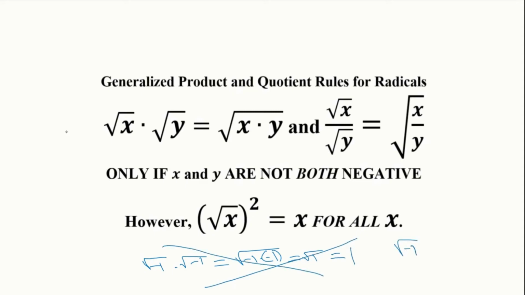The square root of -1 times the square root of -1 is the square root of -1 squared, which is -1. So to preserve this fact, we had to modify these two rules and limit them to being true only if the two radicands are not both negative. Okay, very important to keep that in mind. We'll see what you need to do if the radicands are negative.